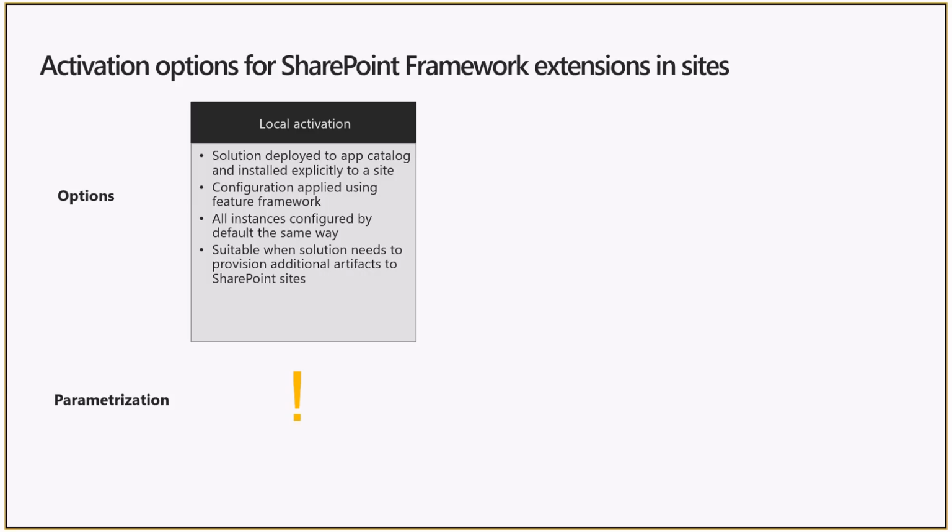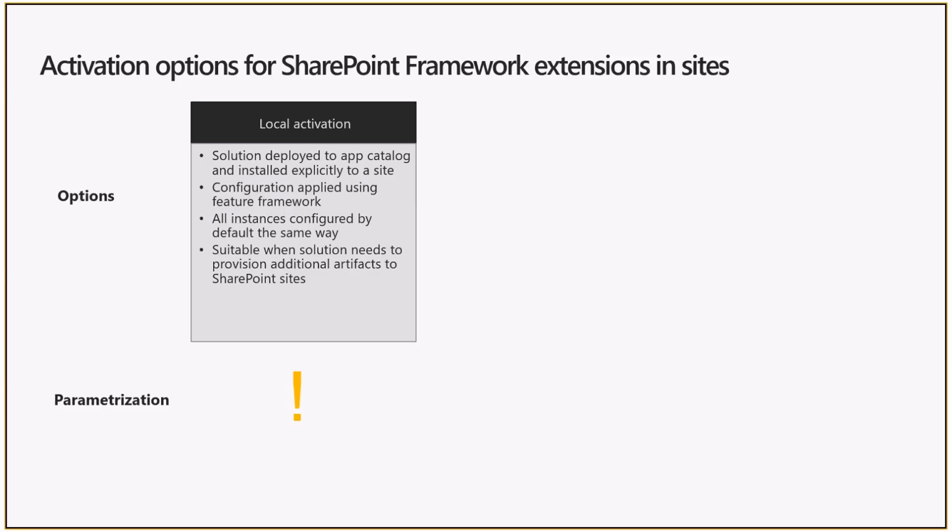So somebody needs to go and install the solution at the site level. You can use ALM APIs to make that step happen. And then as part of that activation, if there are any feature framework definitions or property configurations, all of those get applied in the site scope.